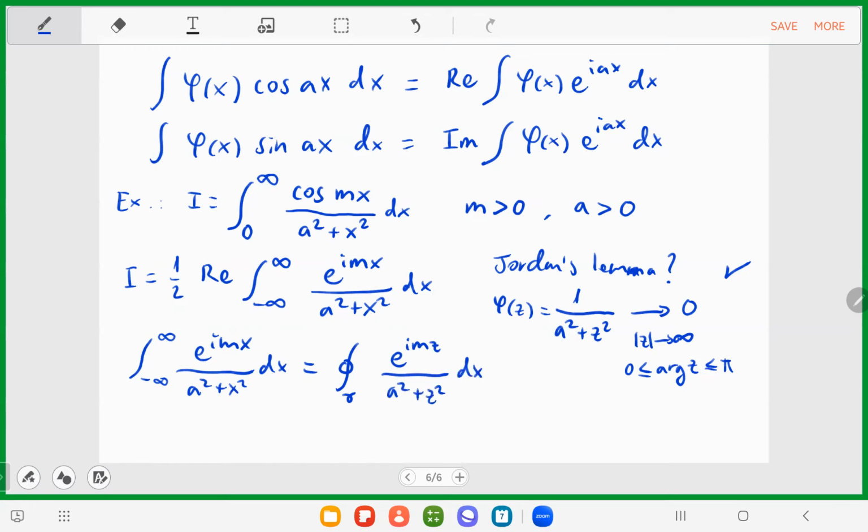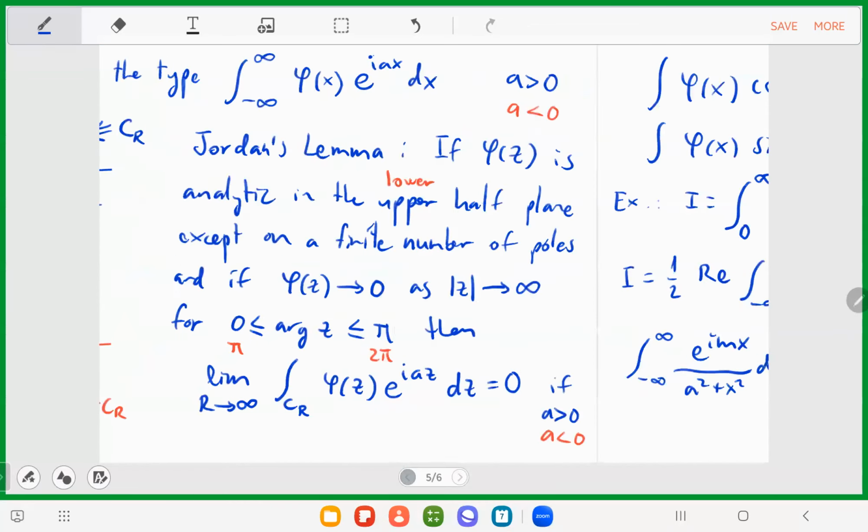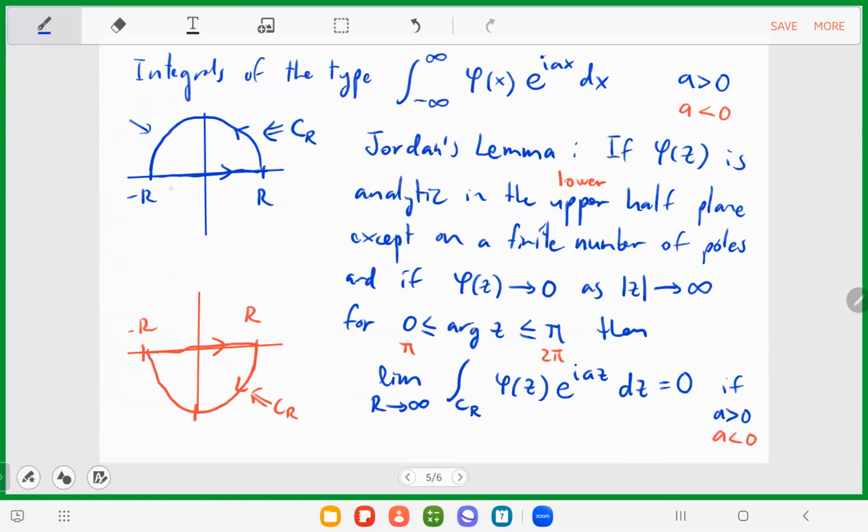Because the part of the semicircle is 0. So the sum of the two line integrals is going to be only this integral, because the semicircle is going to be 0 when Jordan's lemma is satisfied.